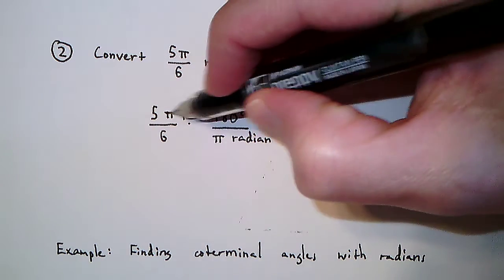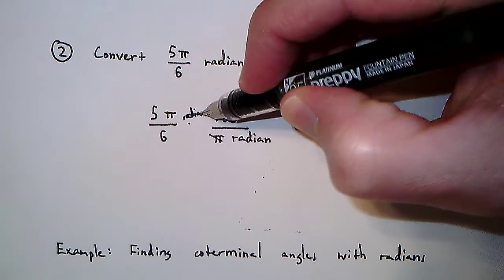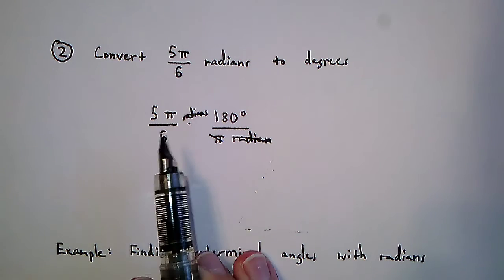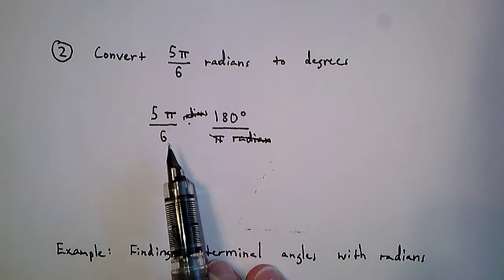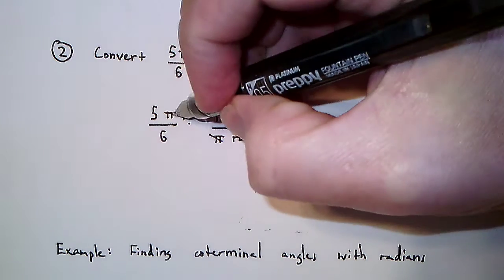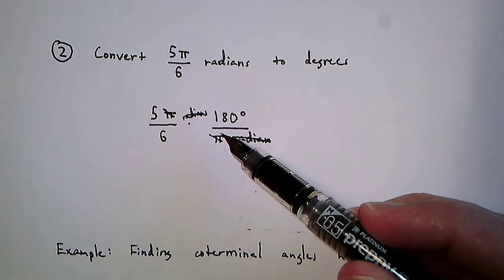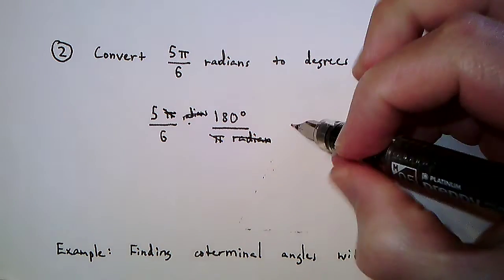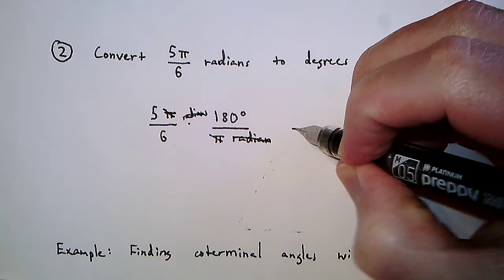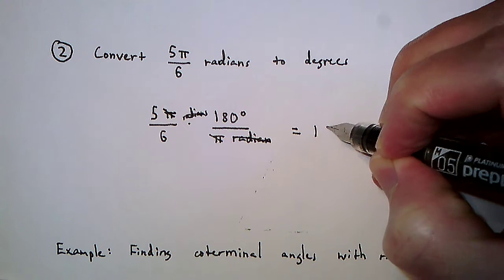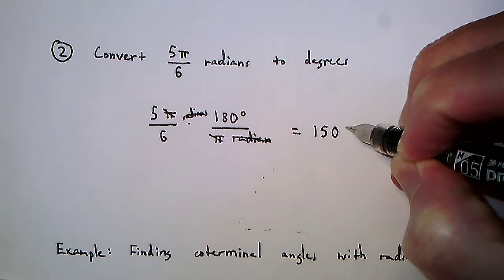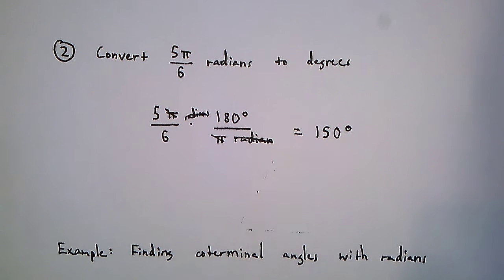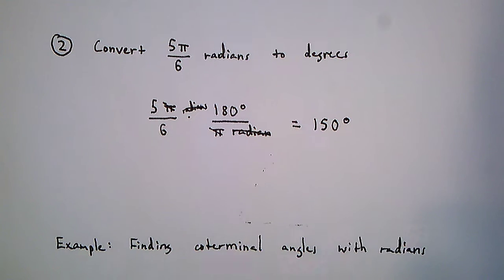So luckily for us, the pi's and the radians cancel, and all that is left is to multiply 5 over 6 by 180 degrees. And this comes out to 150 degrees.